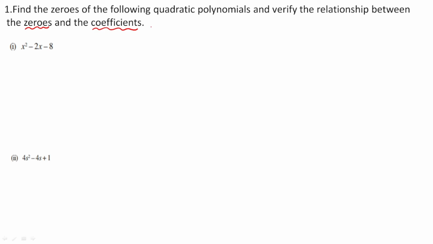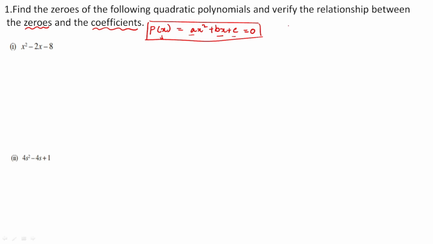Suppose we consider the general form of the polynomial equation as ax square plus bx plus c equals 0. The coefficients of the variables in this expression are a, b and c, and the zero is the value of x for which the expression becomes 0. So let's remember this as the general form for a polynomial equation.